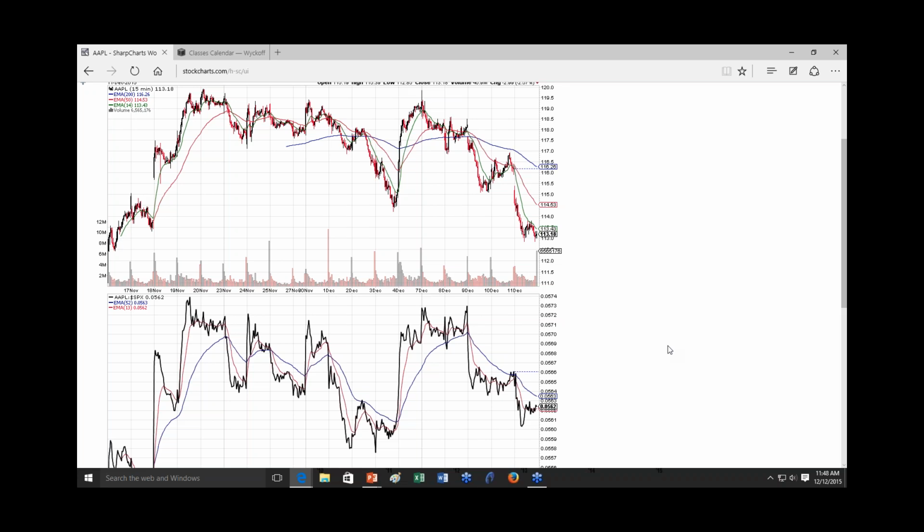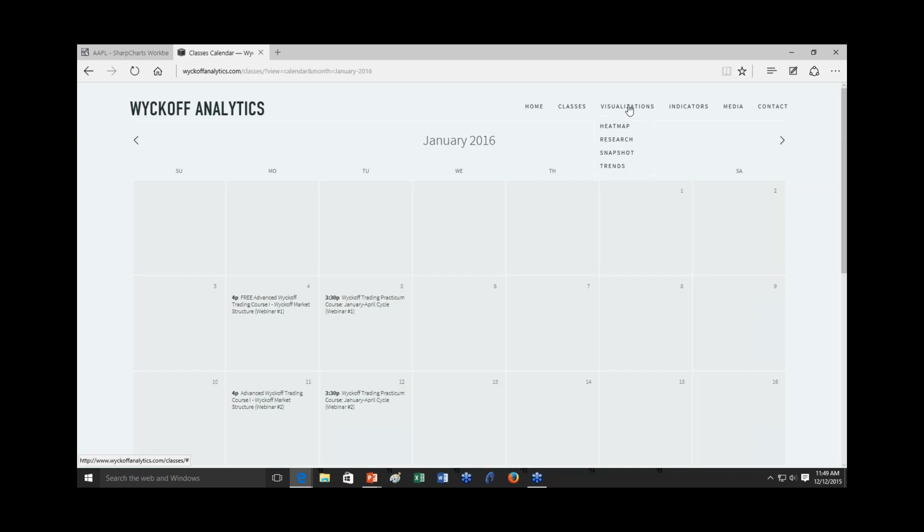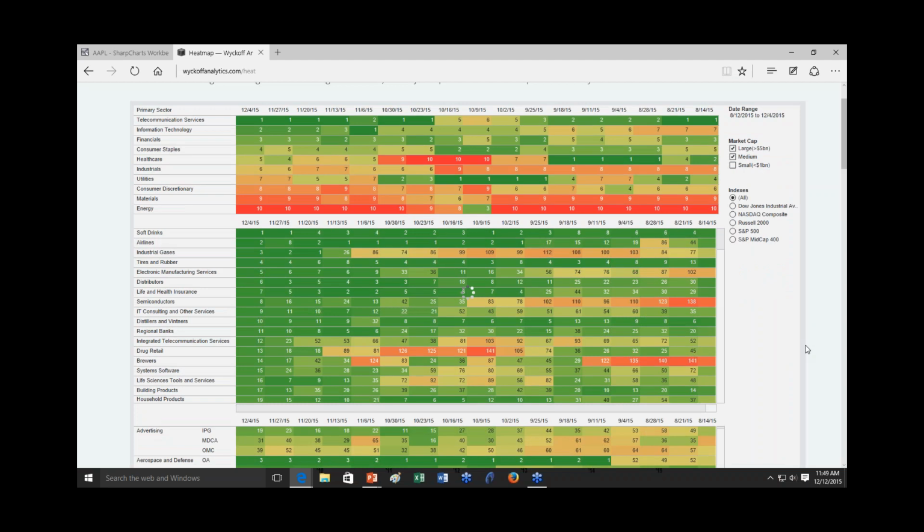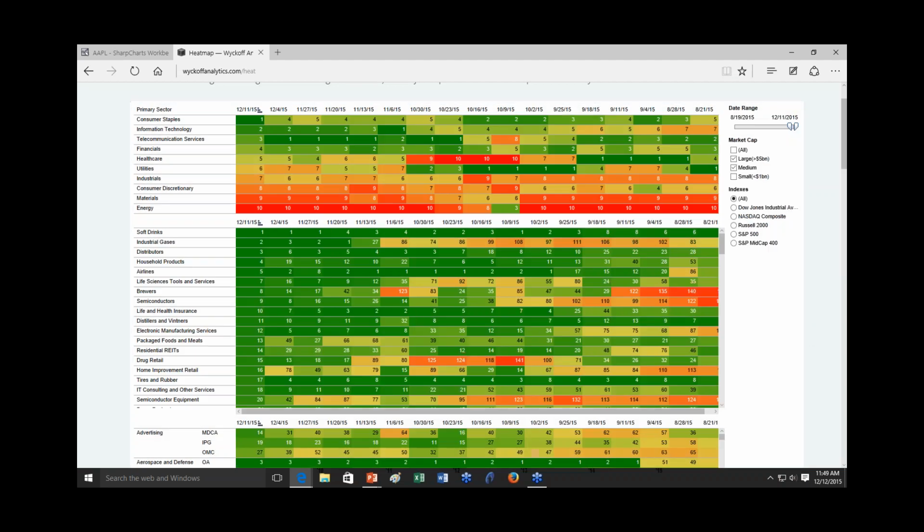I believe that their ranking also has some kind of fundamental component, but I would have to check on this, so please don't take my word on this, but I know that it's more complicated. For us, the key is to just have a visualization of the market, where we are in terms of the rotation between the sectors and between the industry groups.